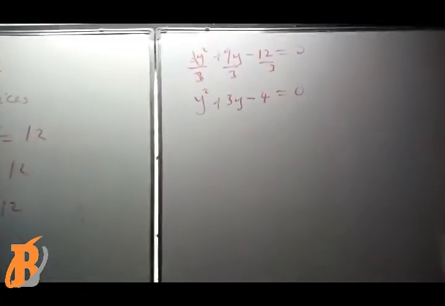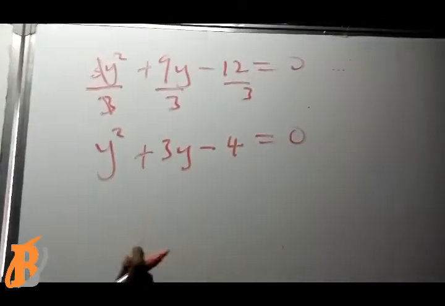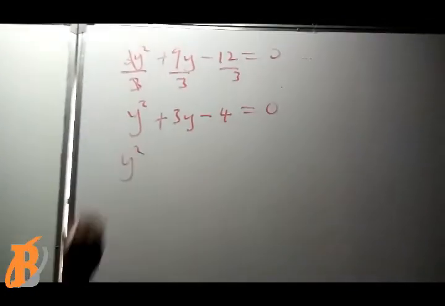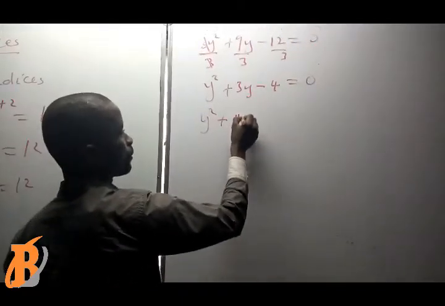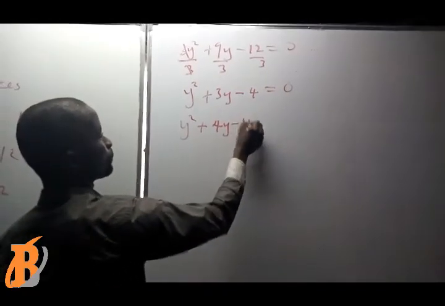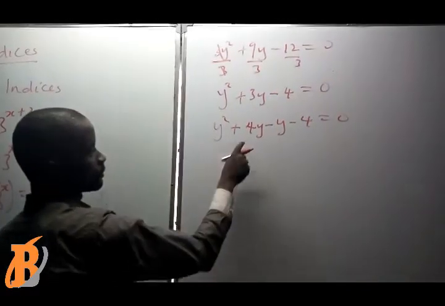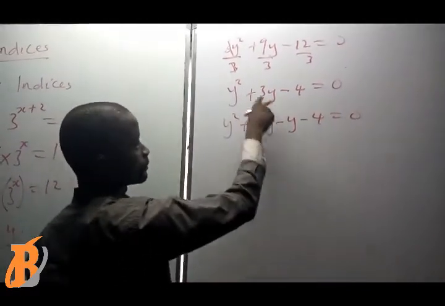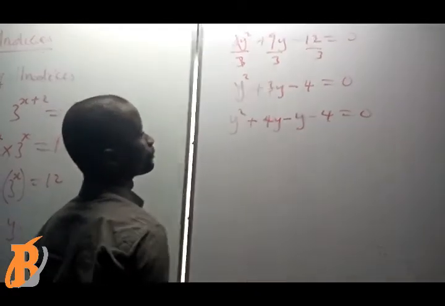So this value is factorizable also. Now how are you going to factorize it? That's y squared plus 4y minus y minus 4 is equal to 0, because 4y minus y is equal to 3y, and 4 times minus 1 is minus 4.